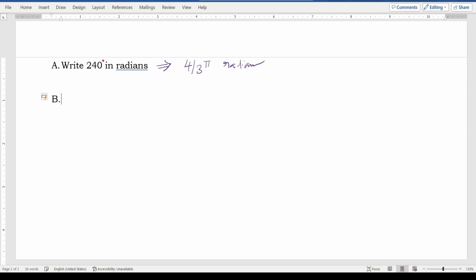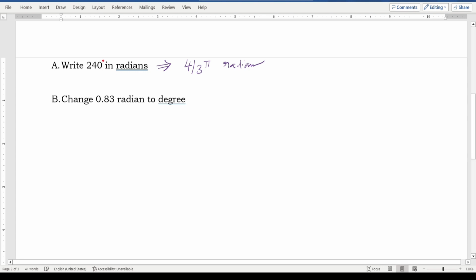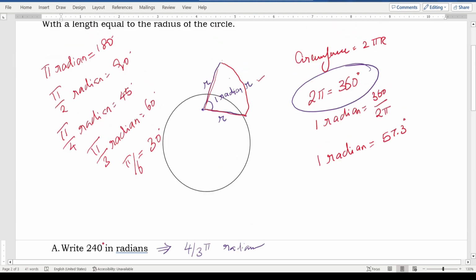Example B. Change 0.83 radian to degree. Already we know the same thing. We know that 2 pi equals 360 degree.